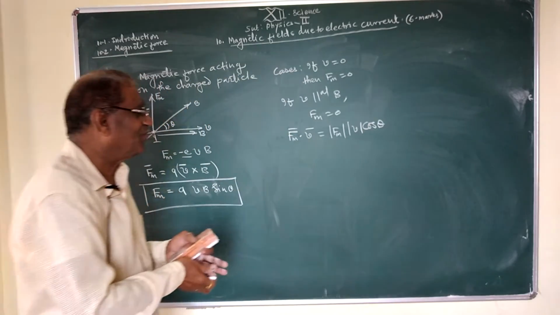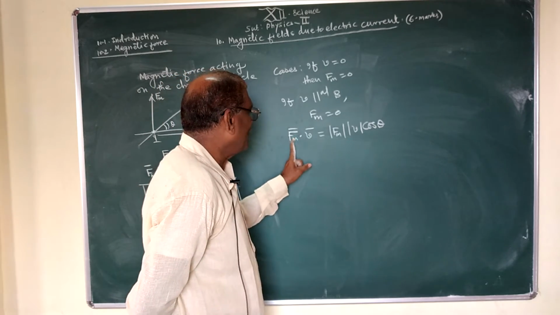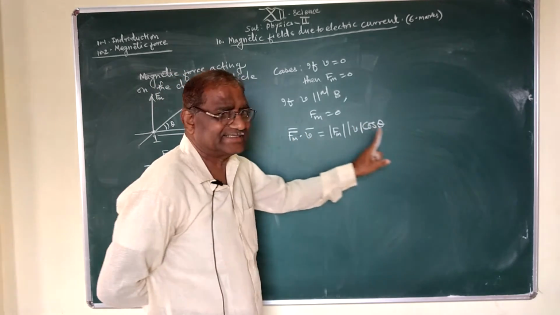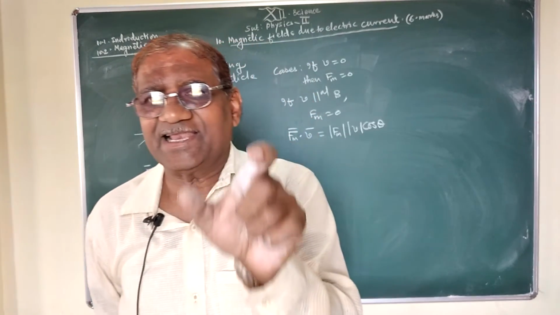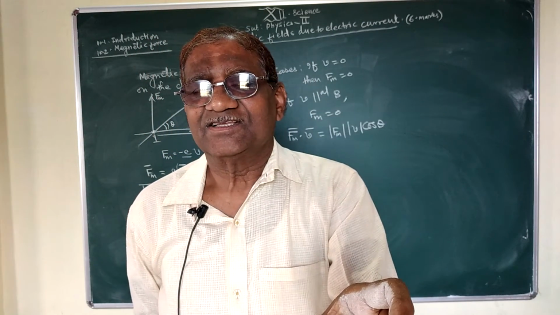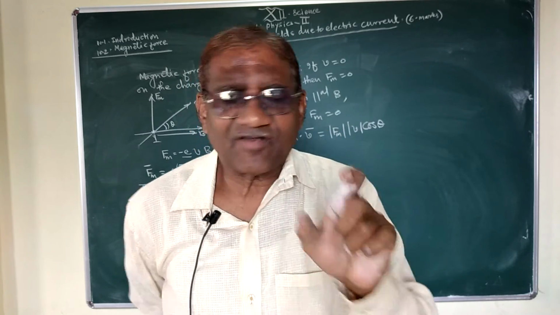This is the dot product rule. The dot product of two vectors is a scalar quantity, which means work is a scalar quantity.